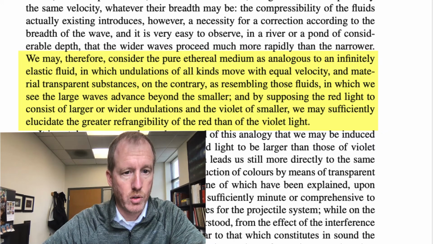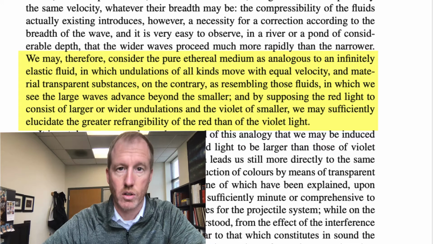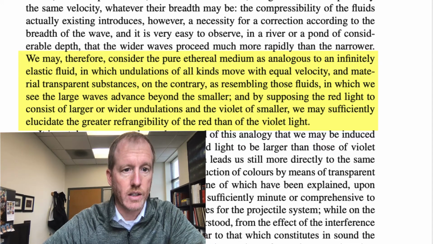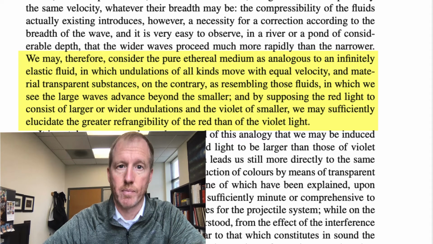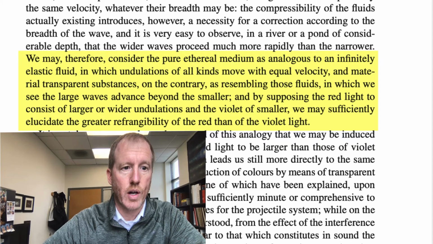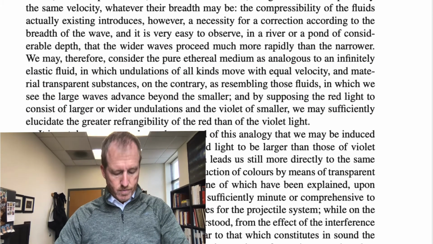And by supposing the red light to consist of larger or wider undulations, longer wavelength, and the violet of smaller wavelength, we may sufficiently then elucidate, or clarify, make clear, the greater refrangibility of the red than of the violet light." Okay, so there we have it.